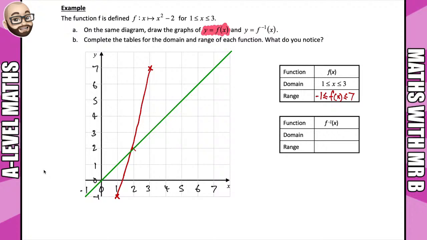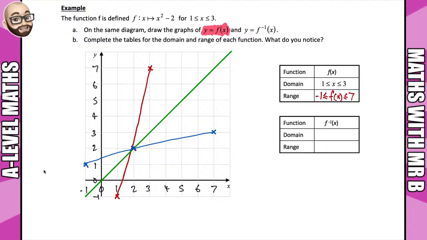I'm going to do this by doing the (a, b) and (b, a) idea. So this (1, -1) is now going to become (-1, 1). (2, 2) is still going to be there. And (3, 7) now becomes (7, 3). That almost looks like a decent-ish reflection.